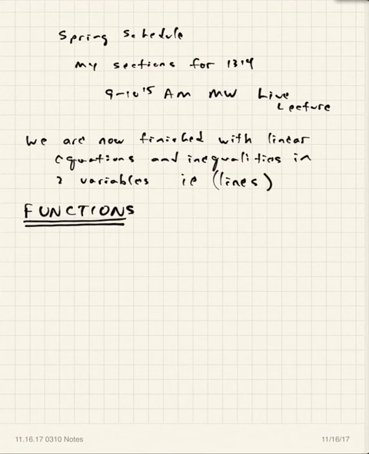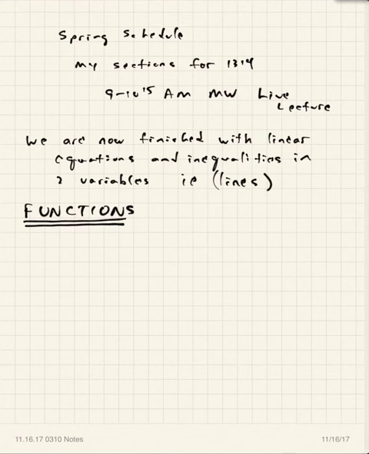And so what I'm going to do is I am going to write down the definition for a function that I use, and I'm going to warn you that this definition is a long definition, and if you read through it, it might seem kind of confusing exactly what it means. And so what we're going to do is we're going to write it down, and then we're going to pick it apart, and we are going to look at examples, and we're going to make sure that you understand what that definition really means and how we use it as algebra students to our advantage.